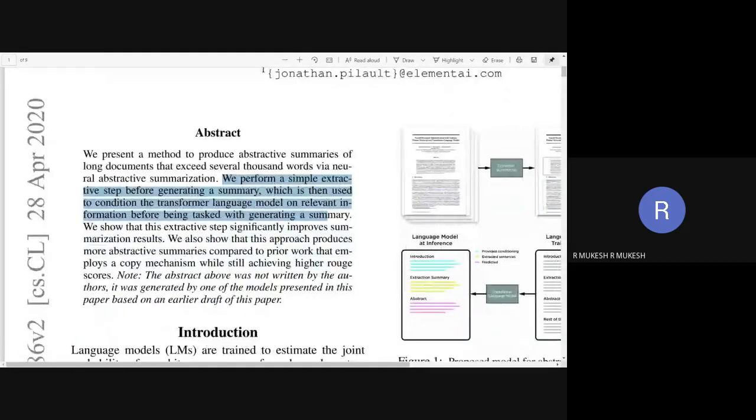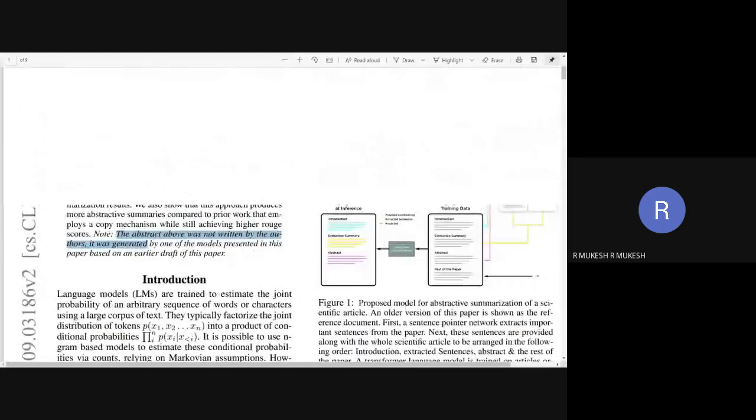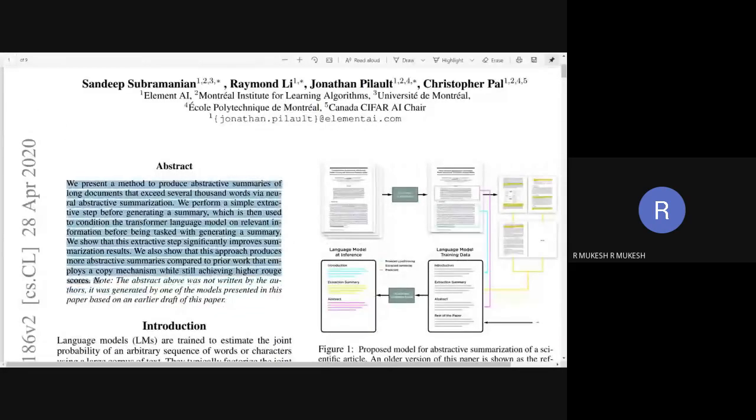But the last line says that the abstract above was not written by the author. It was generated by one of the models presented in this paper. So what the abstractive summarization model has done is that it has parsed the paper and it has itself written the summary. It has summarized the content in the paper. So this is an interesting work in abstractive summarization.